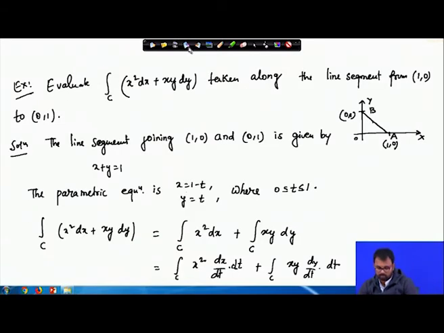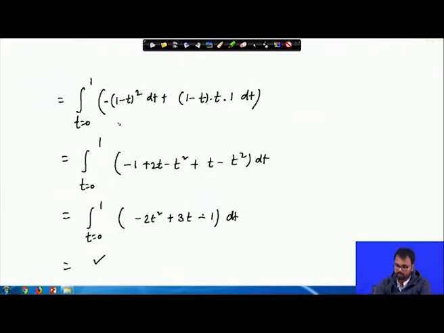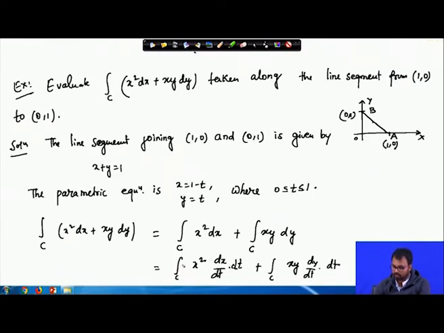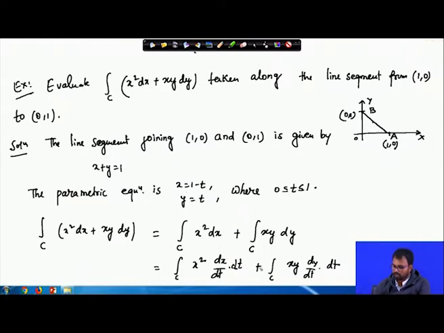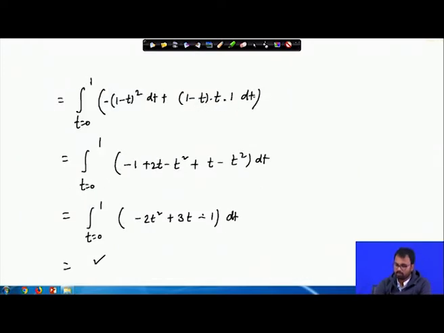You see, we substituted the value of x, which is 1 minus t, and x times y, where y is t, so (1 minus t) times t, and dy/dt is again 1. So x squared with dx/dt being minus 1 gives minus (1 minus t) squared dt, plus (1 minus t) times t dt.